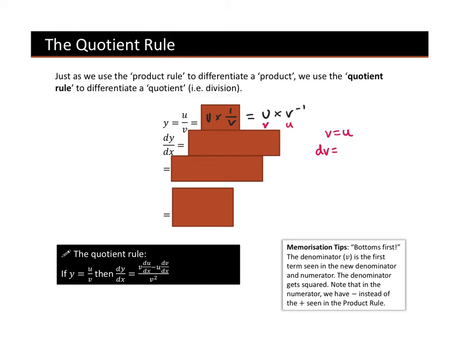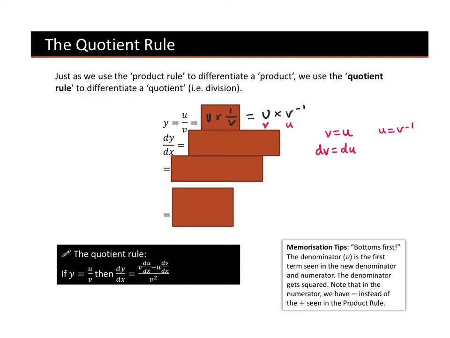Even though I've said dv is 1, we don't know what it is. So our dv is our differential of u, because it's a function, isn't it? Then our u is in fact v to the minus 1.